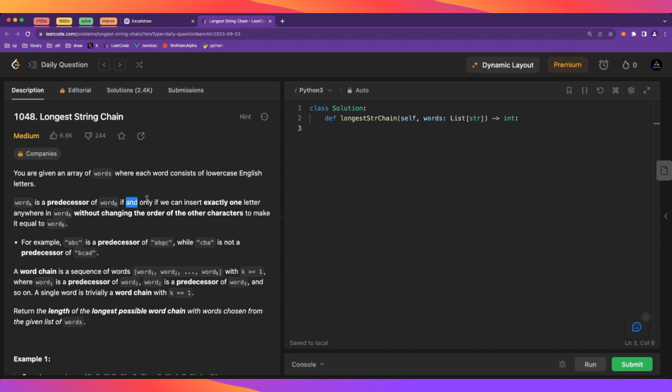So here we could interpret words as nodes in a graph, and this relationship between pairs of words, the predecessor, is a directed edge, in this case from A to B. And then, like I said, a chain is a path, a sequence of words, and we're asked to find the longest possible path.